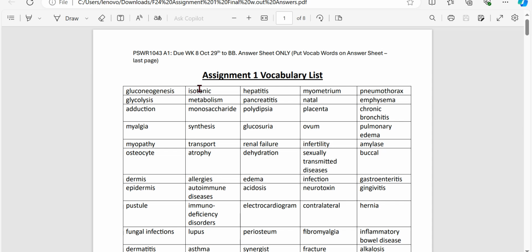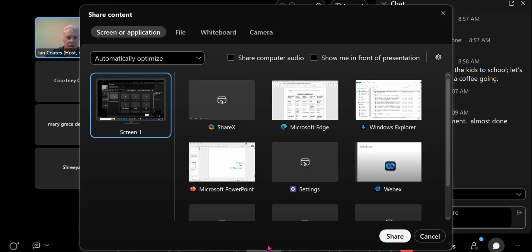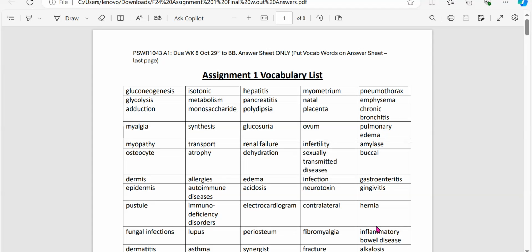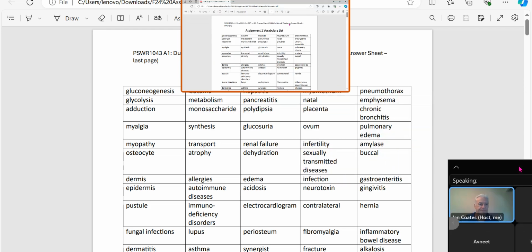You'll see this first assignment is all about vocab, just getting you up to snuff on where you're going to need to be. Am I sharing it? There we go. Now you guys should be able to see it.